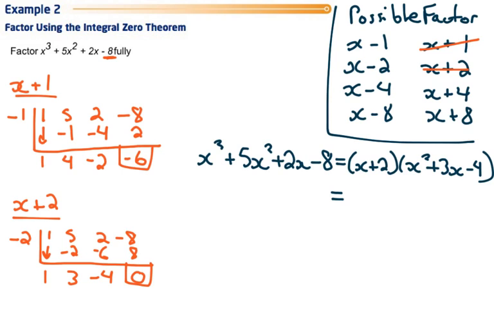We can factor that quadratic at the end again, 2 numbers multiply to negative 4 and add to 3, so x plus 4 and x minus 1. If we would have started with any of those, we would have only had to go through one synthetic division. We got a little bit unlucky, but not so bad.